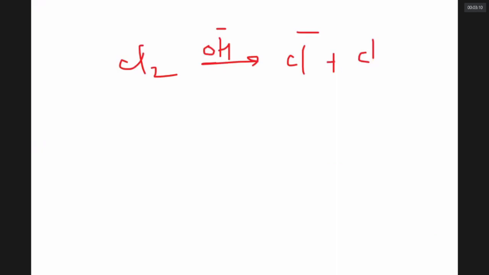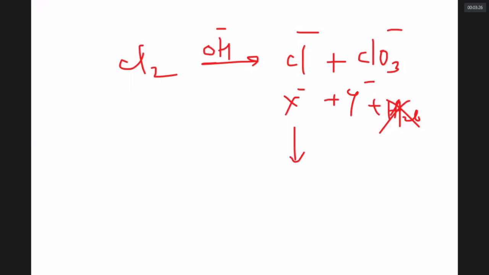Now the question is, when chlorine is undergoing disproportionation in hot alkali, you are getting Cl minus and ClO3 minus ions along with water, which you can ignore. He is asking, chlorine when reacts with OH minus gives X minus and Y minus. The chloride ions always have a tendency to react with silver ions.